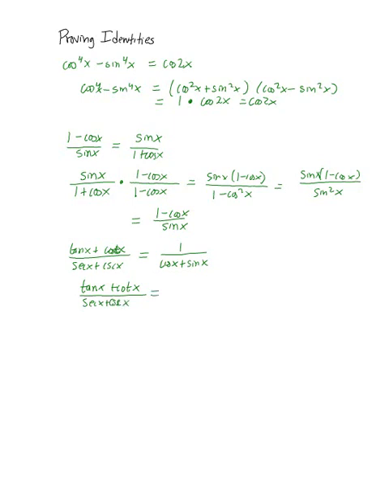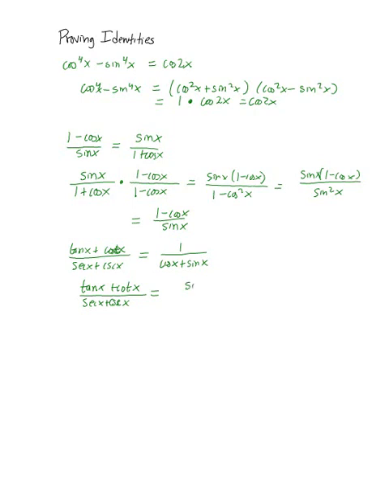All right, well, I notice when I get all done, I want things to have sines and cosines in them. So this is, again, a very standard technique. When you have tangents and cotangents and secants and cosecants, a very standard technique is to turn everything into sines and cosines.